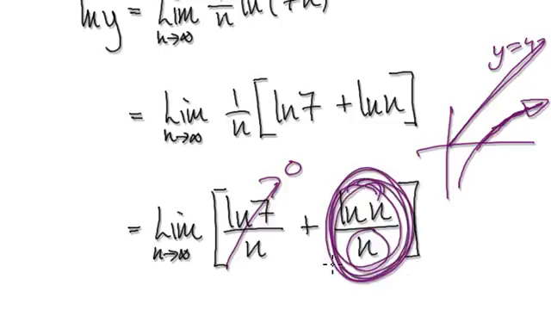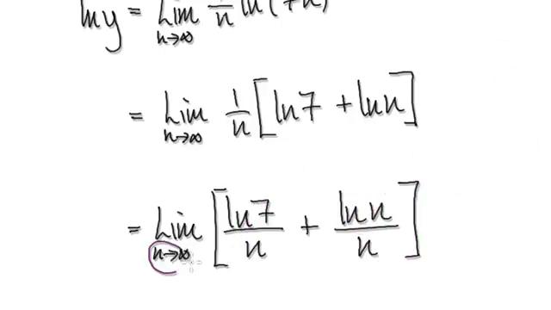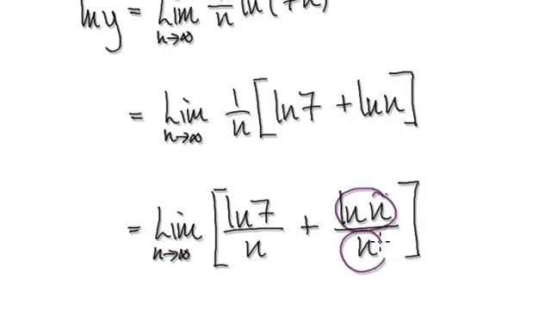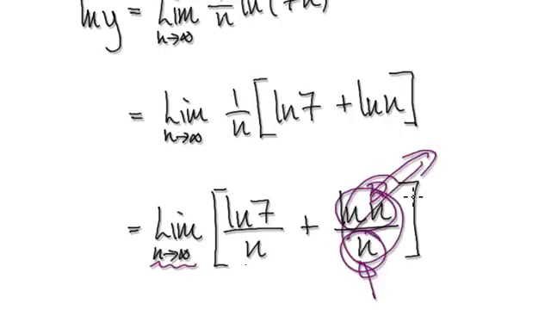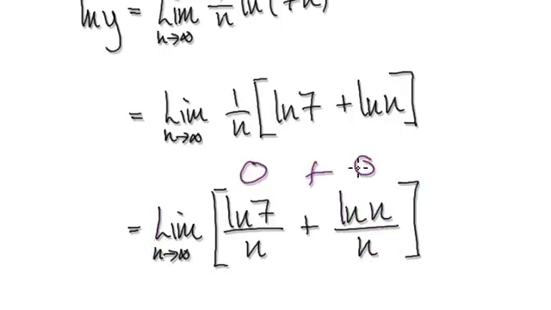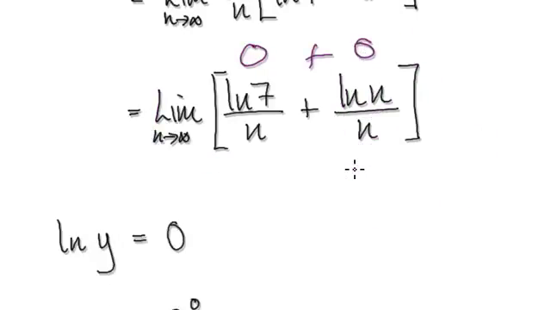You should recognize that this heads towards 0, because as n tends to infinity, yes, indeed, this does head towards infinity, but it's very, very small in comparison to n itself. So this number here is going to be much, much bigger than this number as n tends towards infinity. So this is going to head towards 0. So the whole limit will be 0 plus 0, which will be 0.